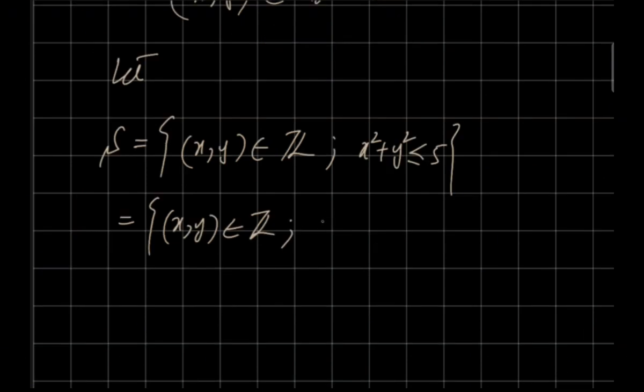xy belongs to Z such that x square plus y square is either 0 or 1 or 2 or 3 or 4 or 5.